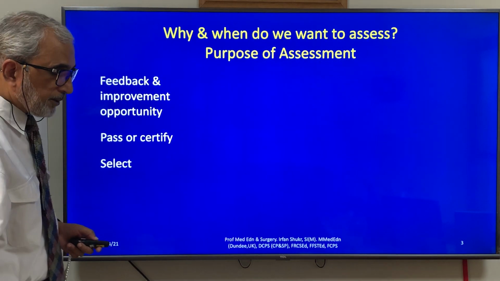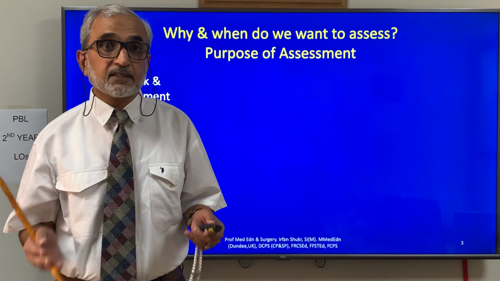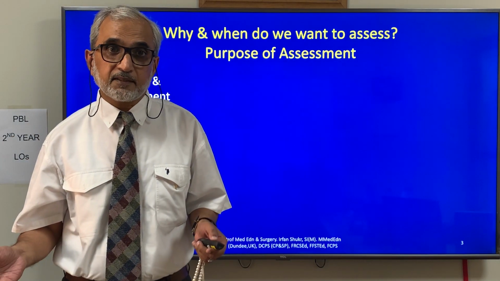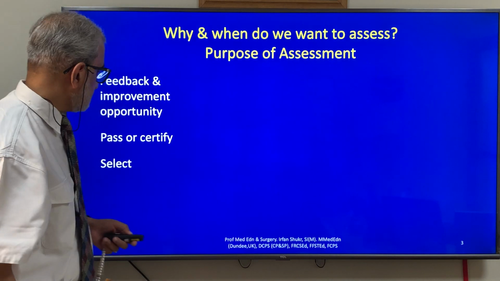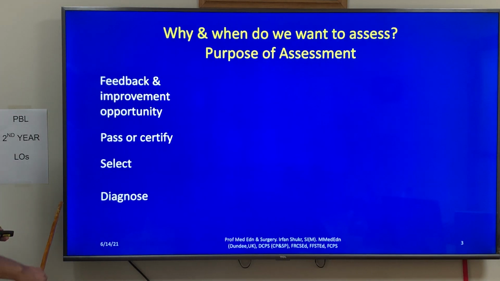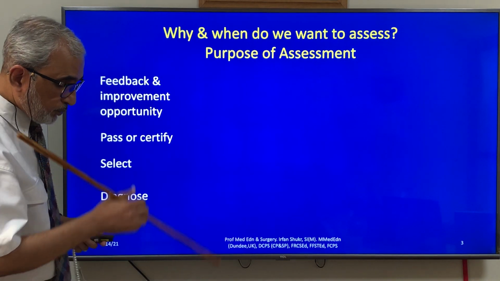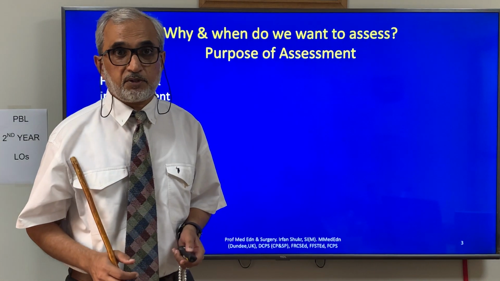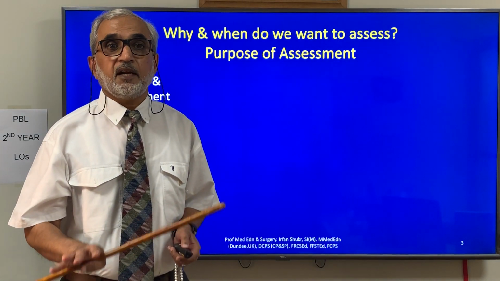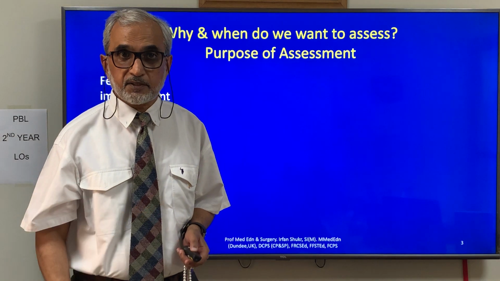A totally different purpose could be to select a student for something. And another purpose of exam could be to diagnose what specific deficiencies a student has.